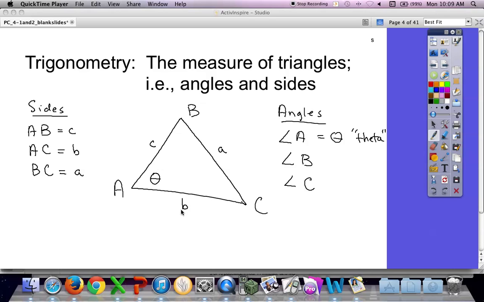The side across from angle B is lowercase letter b. Right? So sometimes they just ask a problem that refers to lowercase letters, and you're like, well, which one is which? That's how you're supposed to lay it out.